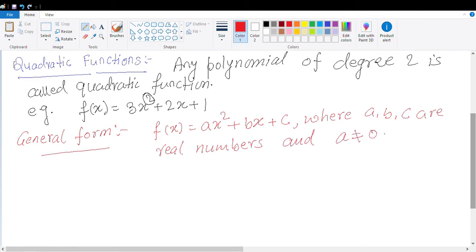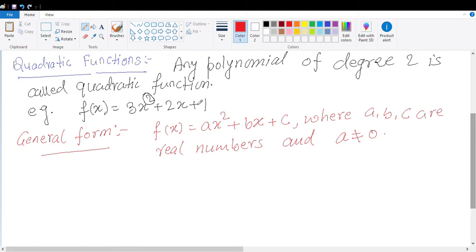Because if a is equal to 0, then it will not be a quadratic polynomial, it will become a linear polynomial. So a very important condition for the quadratic ax square plus bx plus c is that a cannot be 0. So this is called the general form of a quadratic function.